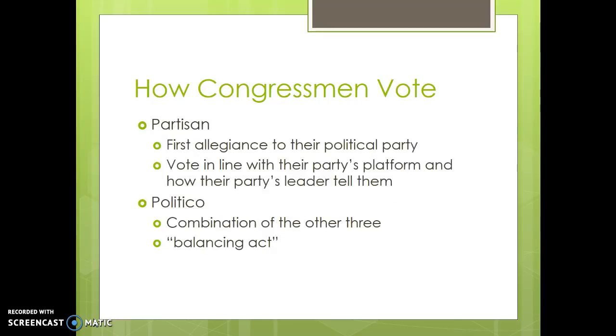You can also vote partisan or politico. Partisan is when you vote according to your party, not necessarily paying a lot of attention to the people that elected you or to what the bill is, just voting along party lines. Vote in line with the platform, vote how the party leader tells you.